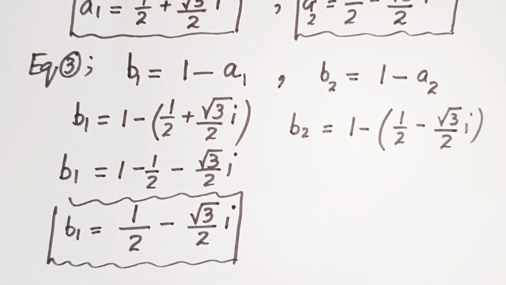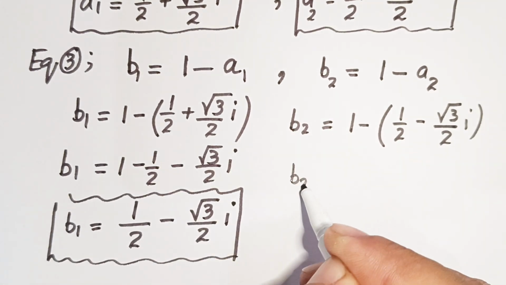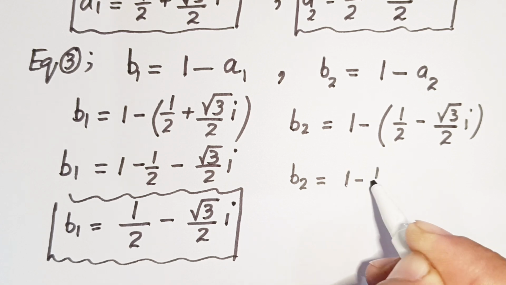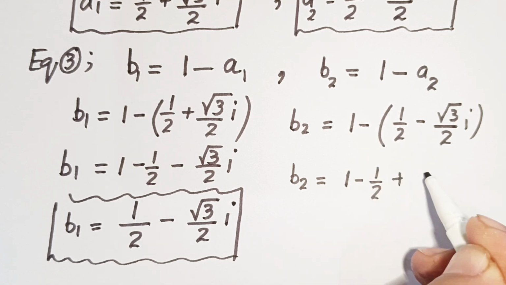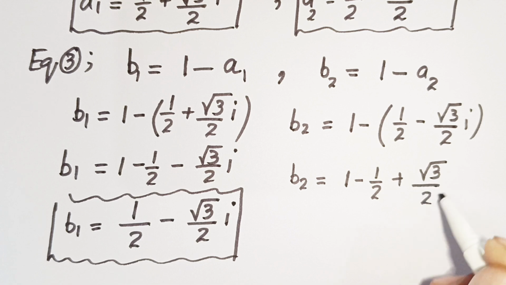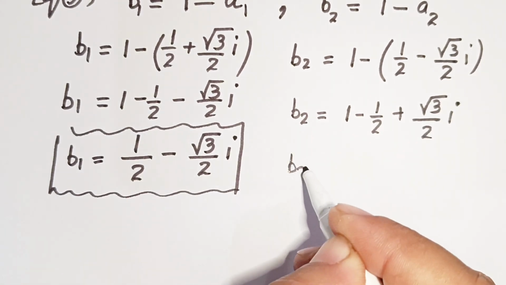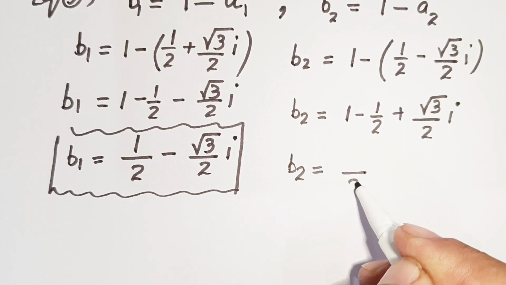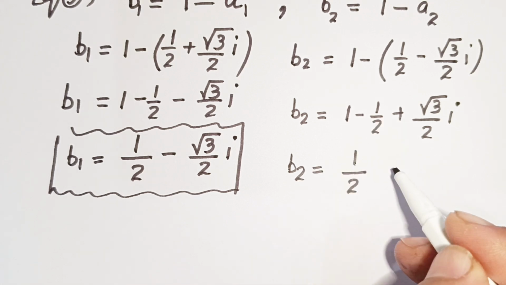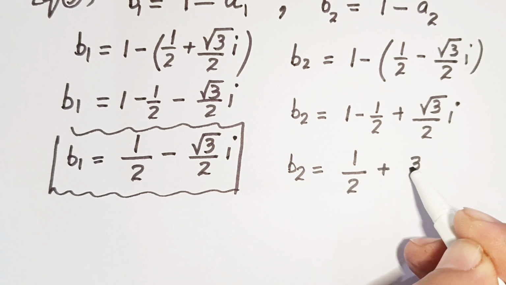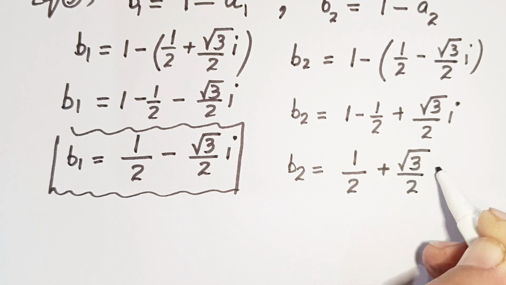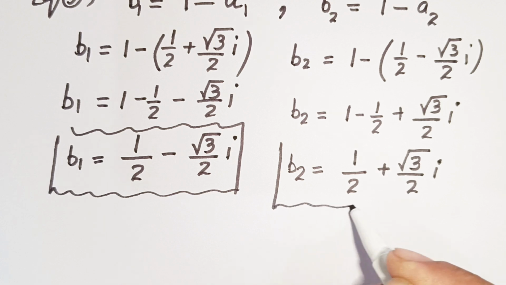Here we have b2 is equal to 1 minus 1 over 2, minus times minus is plus, square root of 3 over 2 i. So we have b2 is equal to, here we get 2, so 2 minus 1 is 1, 1 over 2 plus square root of 3 over 2 i. So it is the value of b2.